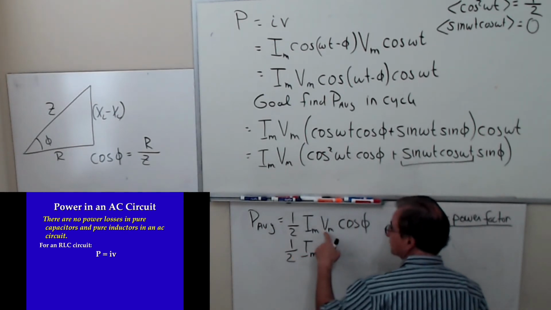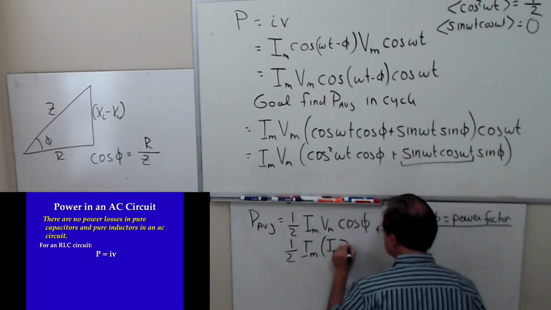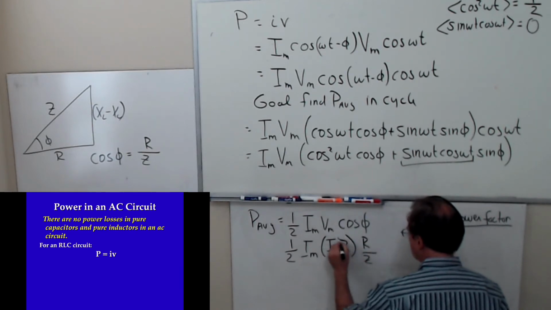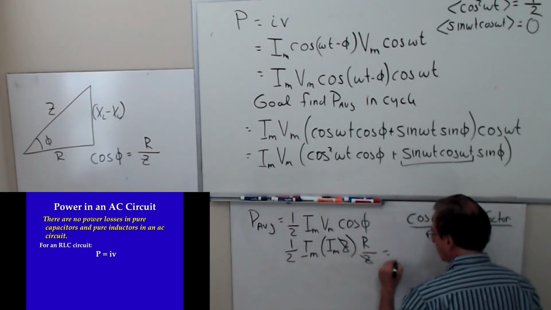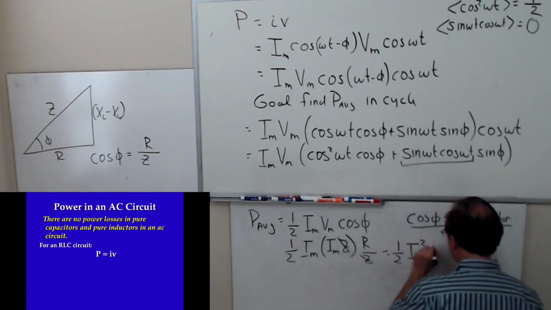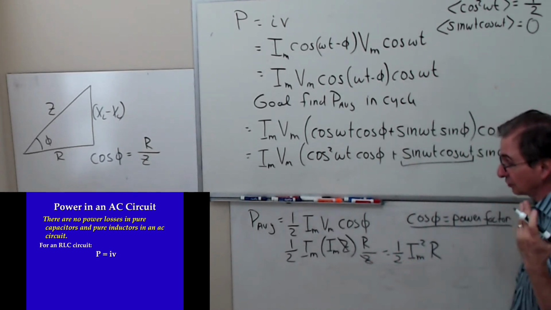And let's write V sub m as I sub m times our total impedance. These cancel, and what I'm left with is 1/2 I sub m squared R. So you can see all the energy that's dissipated in a cycle is due to the resistor.